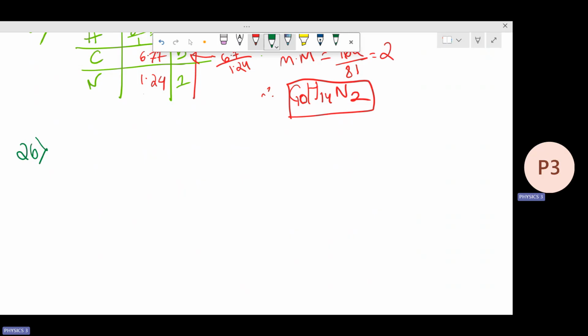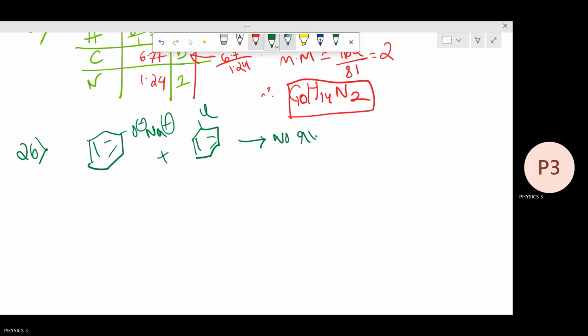Guys, there is no reaction possible because neither the benzene oxide ion can react, nor can it react with fluorobenzene. As they are not able to react, it will be no reaction because the reactivity doesn't match.